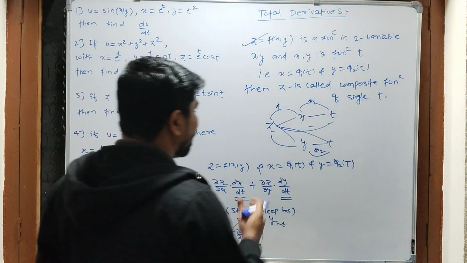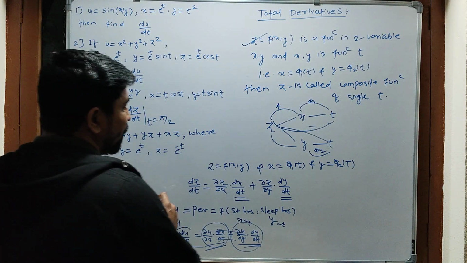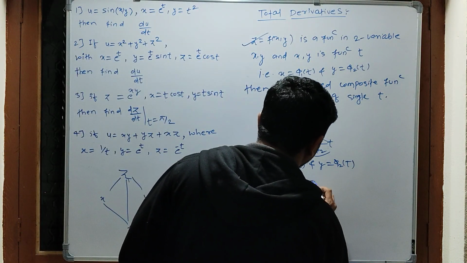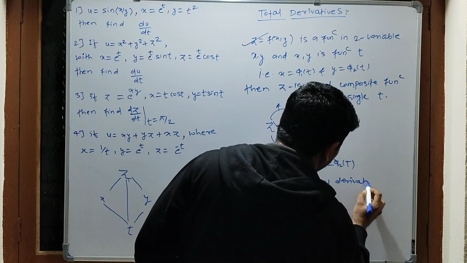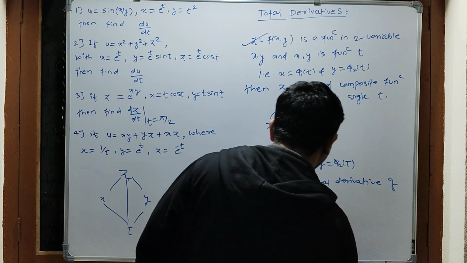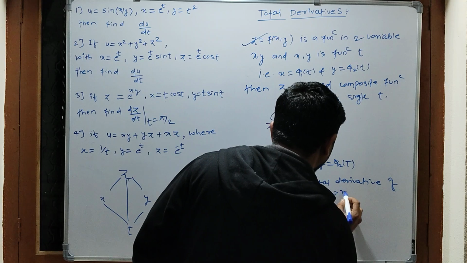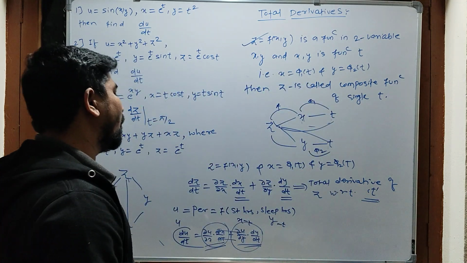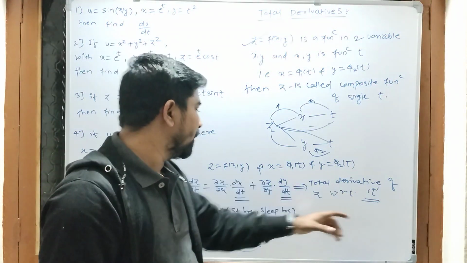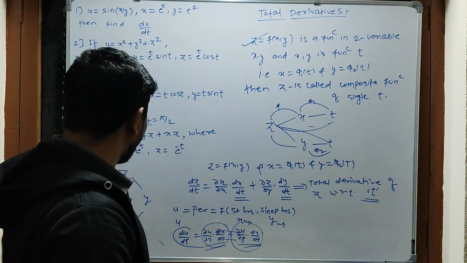In the same way, now I will solve some examples. This is my total derivative of z with respect to t via x and y.